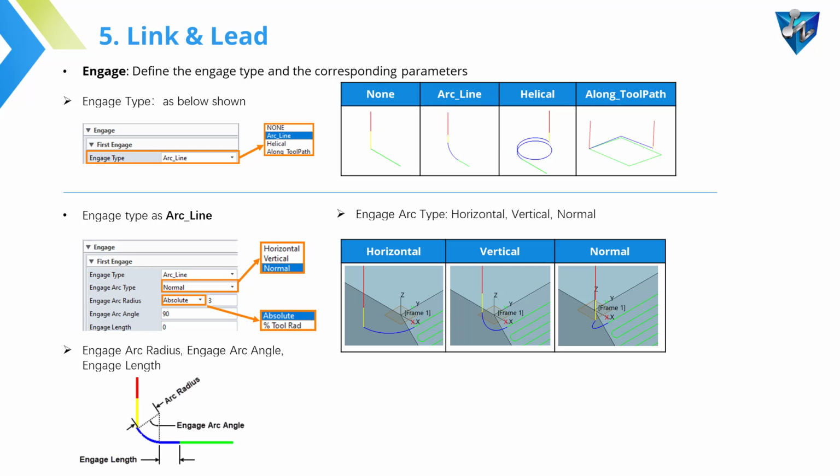Arc line has horizontal, vertical, and normal types, which means the arc will be generated on the XY plane, YZ plane, or the normal direction of the machining surface. And for the related parameters like arc radius, engage arc angle, and engage length, please refer to this image.